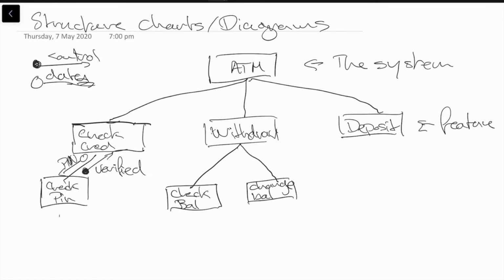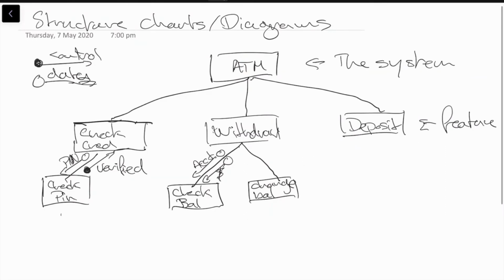Check balance here will need the account, and it would need the amount to be withdrawn, so dollar amount to be withdrawn. It would return whether there's enough money to go back. So this would be a control. Do we have enough money? So do we have the dollars that we need to withdraw the money?